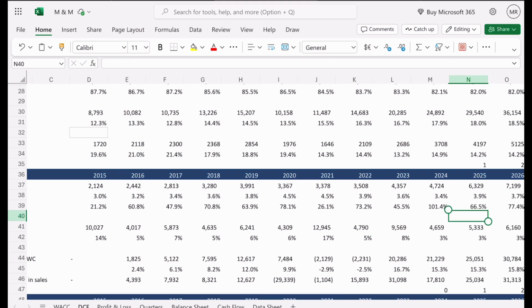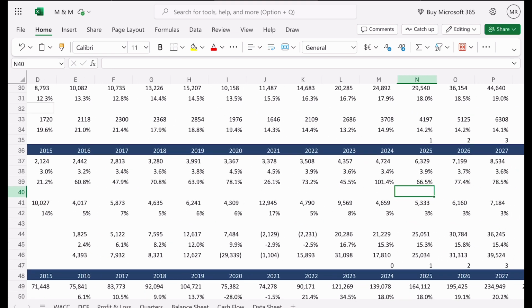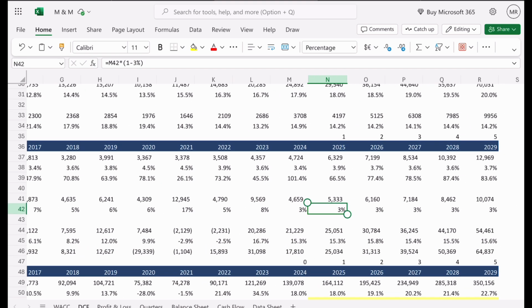It's kind of hard to project whether they will invest more in capital expenditure, because they have their new electric cars coming up, and it requires infrastructure and all of that. So I've kept a very constant capex of 3%. I think it's a bit lower, and I think it's going to benefit the valuation.